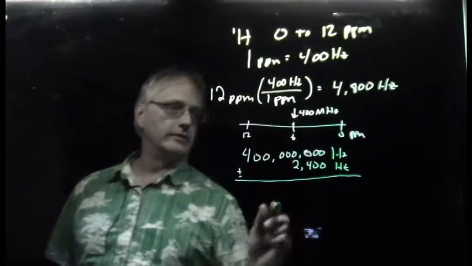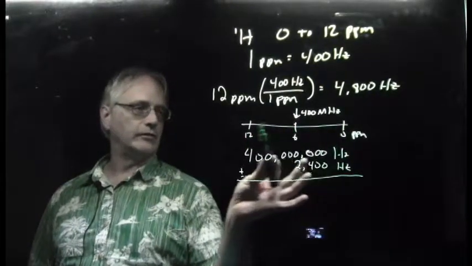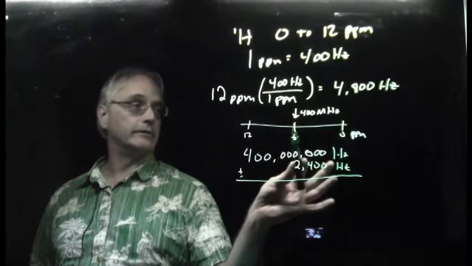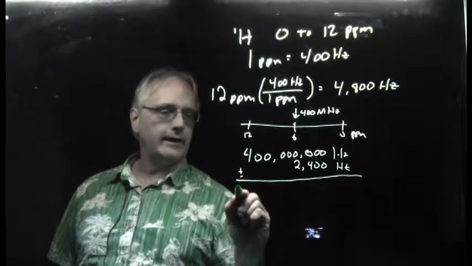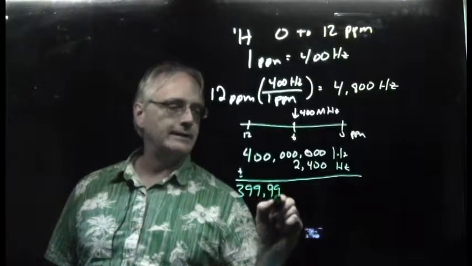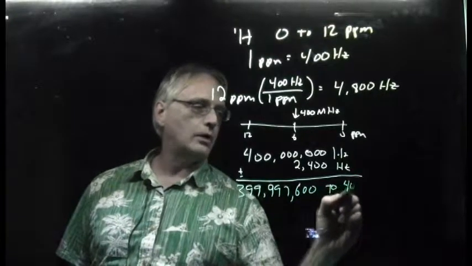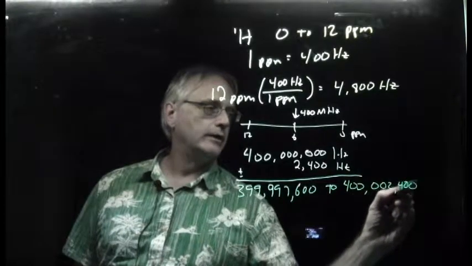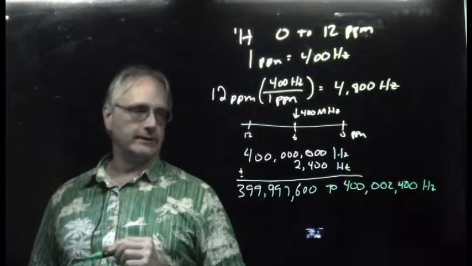In other words, it could be a total of 4,800 hertz across here, 2,400 downfield from the very center, or 2,400 hertz upfield from the center. In other words, on our instrument, that gives a range of 399,997,600 to 400,002,400 hertz. That's the range of protons on our particular instrument.